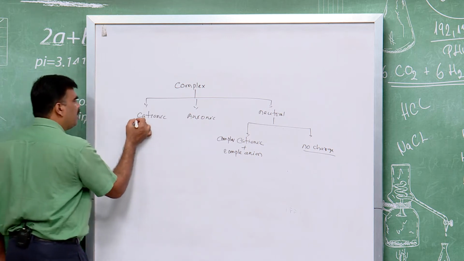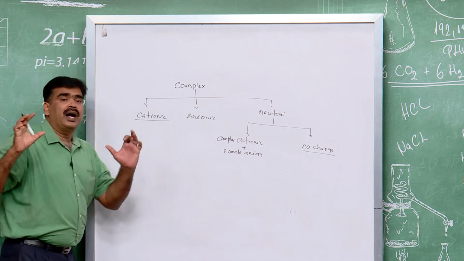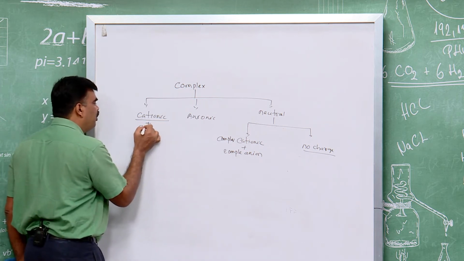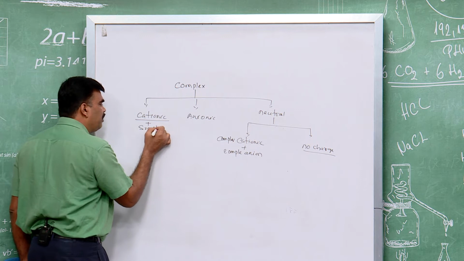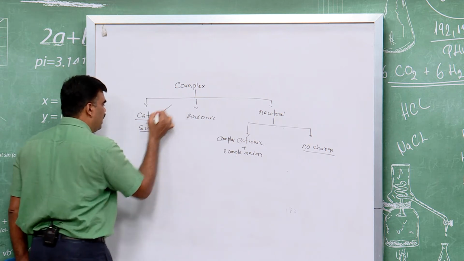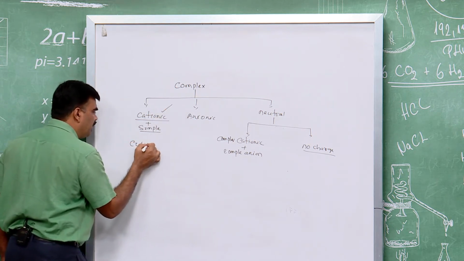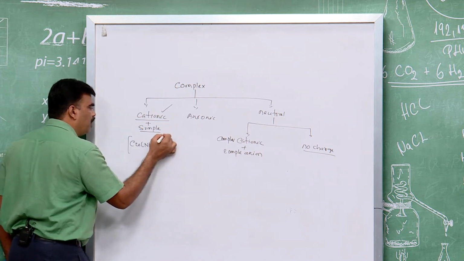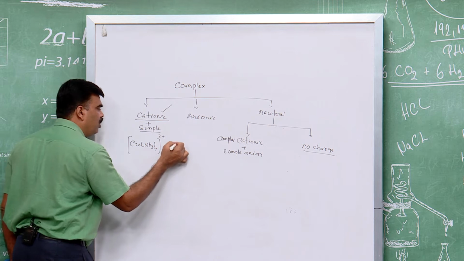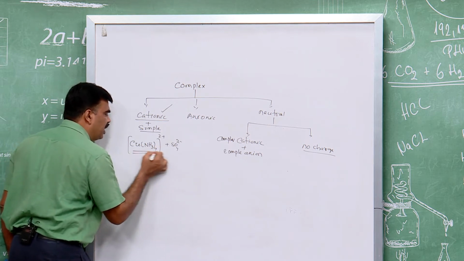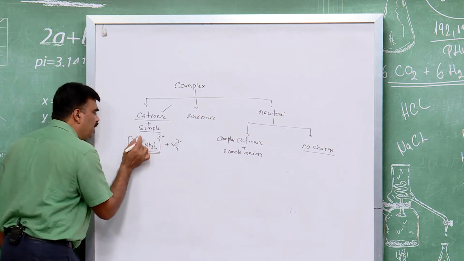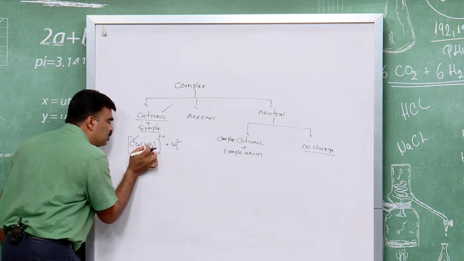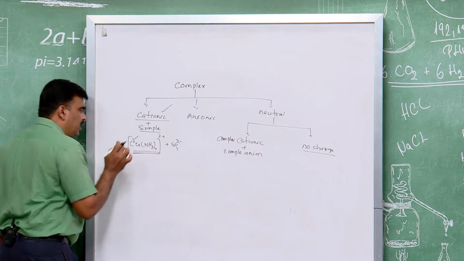Just have a look. In a cationic complex, the cationic part is complex, and it contains a simple anion. Its anionic part is simple, the cationic part is complex, like [Cu(NH3)4]2+ and SO4 2-. You see, this is the cationic part. This is a complex because copper is associated with 4 ammonia. These are called ligands. We will study them in detail in today's class.